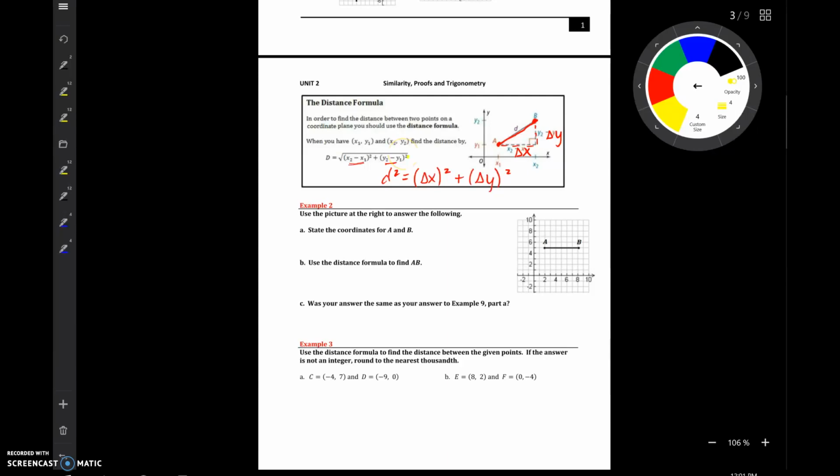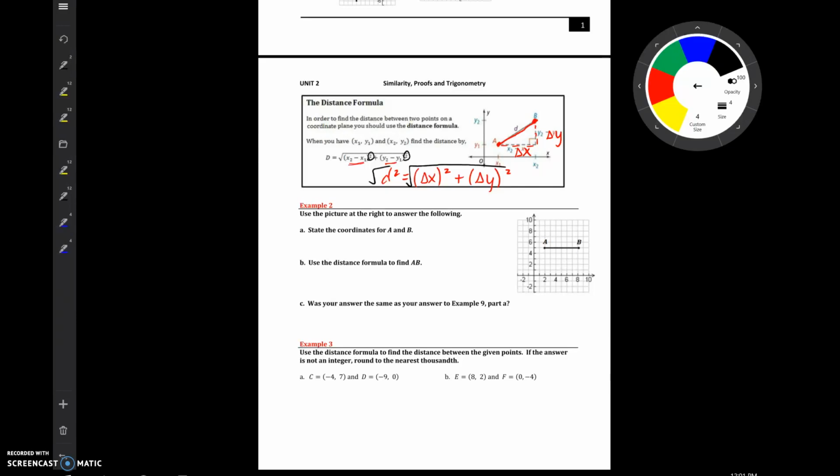So that's where my exponents come from, okay? So I need the squareds in there. And then how do I get d alone? We always, as a last step, take the square root.